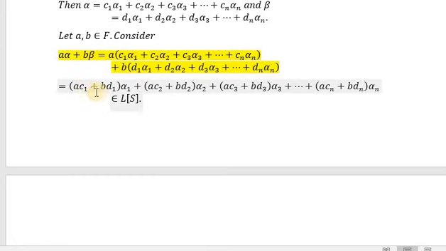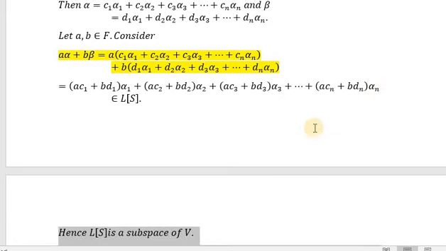So you will get (aC1 plus bD1) alpha 1, plus in the second term (aC2 plus bD2) by taking alpha 2 outside, and similarly the third term will be (aC3 plus bD3) into alpha 3, and so on. The last term is (aCn plus bDn) alpha n, which belongs to the linear span of S.